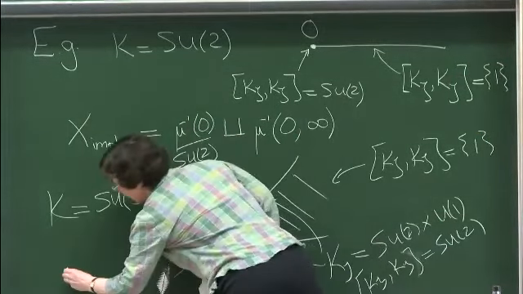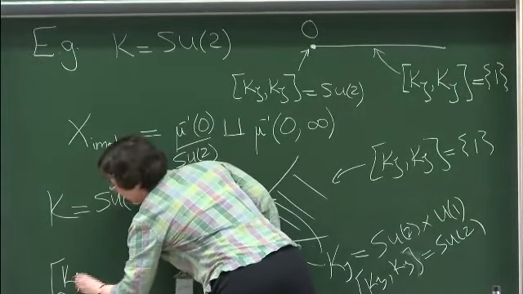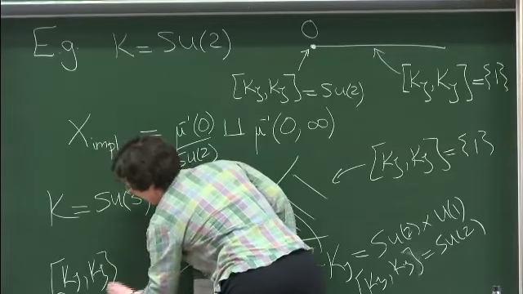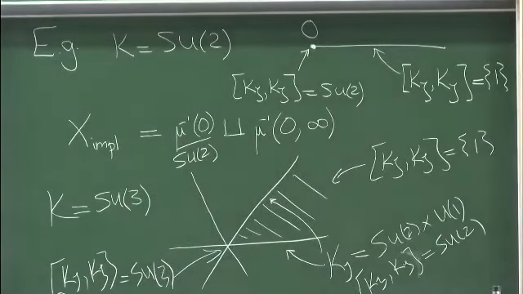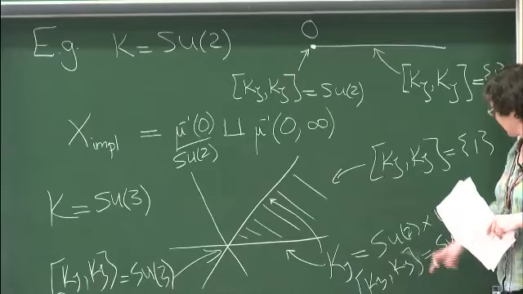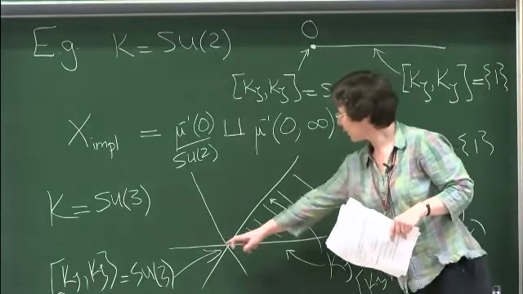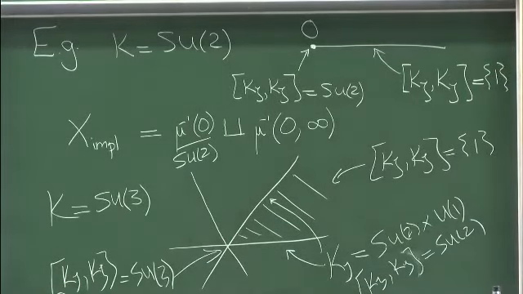So here, okay, we're taking the inverse image of the positive Weyl chamber under the moment map, and then we're doing this collapsing by SU2 on the boundaries, at boundary points apart from 0, where we're collapsing via SU3.